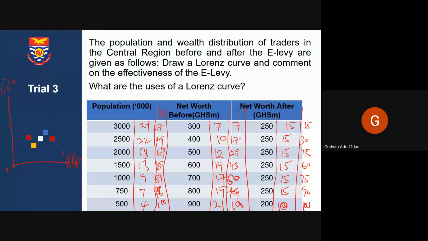Now, you just draw the scale, ranging from 0, the origin, to 100. You can number it from 10, 20, 30, 40 to 100, or you can go by 20, 40, 60, 80. That is the scale that you want to use.